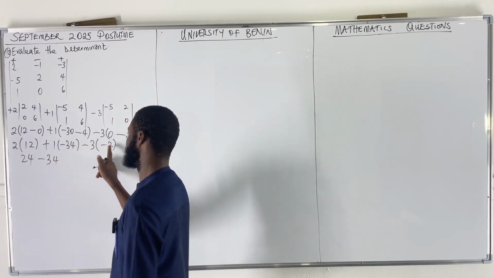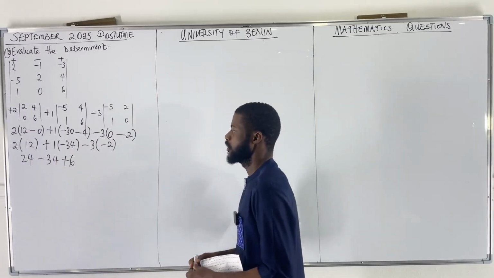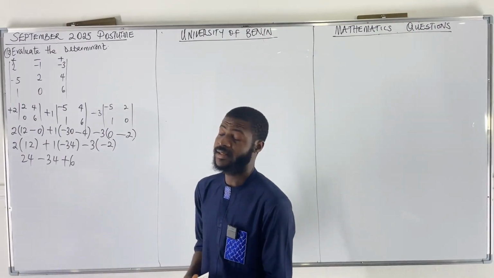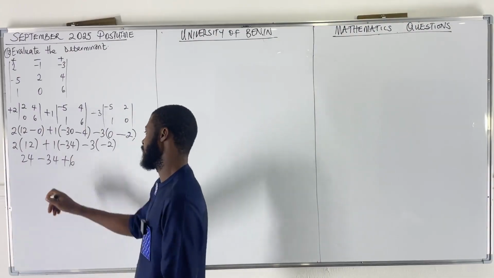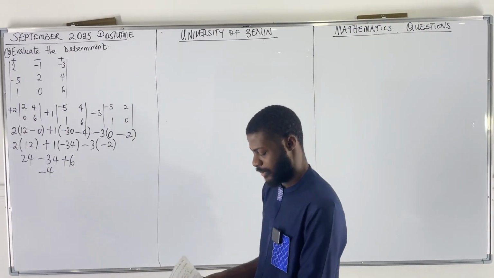Minus 3 times minus 2 is plus 6. 24 minus 34 is minus 10. Minus 10 plus 6 is minus 4. So that will be the determinant of that very matrix.